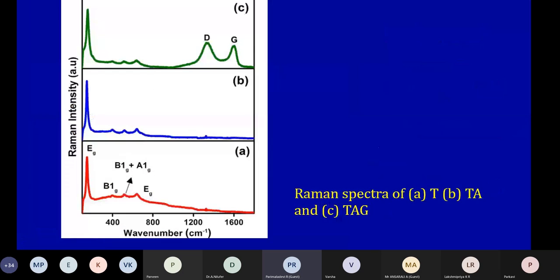Okay, so this is the Raman spectra of titanium oxide with silver, and titanium oxide with graphene oxide. This is an important peak of graphene oxide, due to Raman scattering. It is a special unique feature of graphene oxide. We have these two D and G peaks when we take a Raman spectrum of graphene oxide.